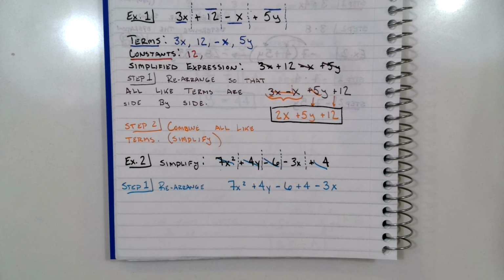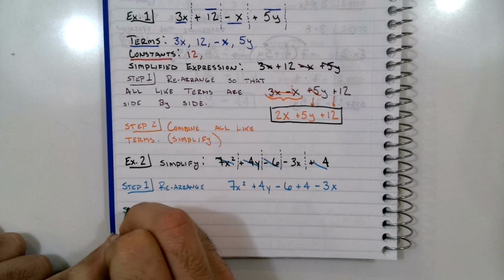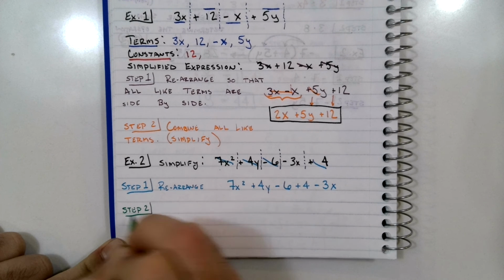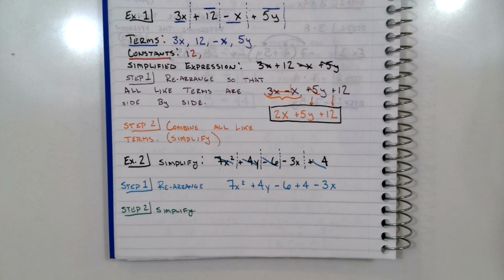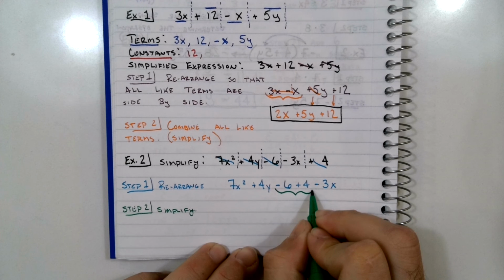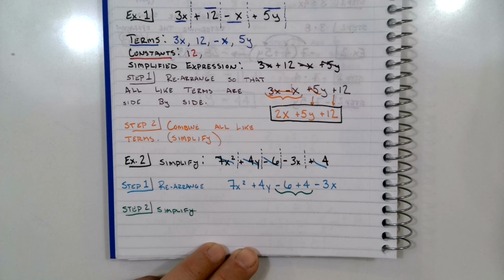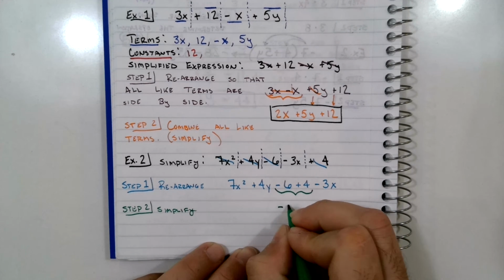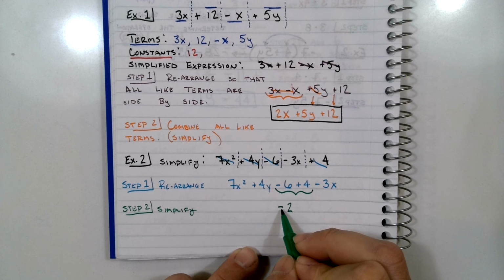So now we're going to combine. We're going to simplify now. So my step 2 here is to simplify. The only thing we have to simplify, again, like we talked about, is right here. This is negative 6 plus 4. What is negative 6 plus 4? It's negative 2. Again, let your signs determine your operation.